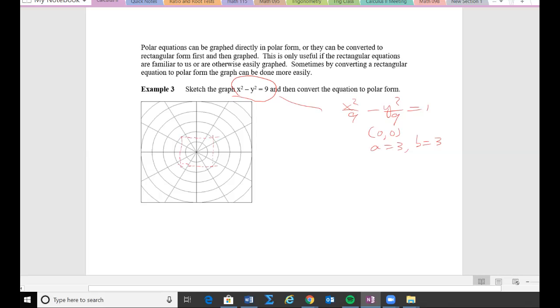Okay, and we're drawing those up. Those asymptotes.